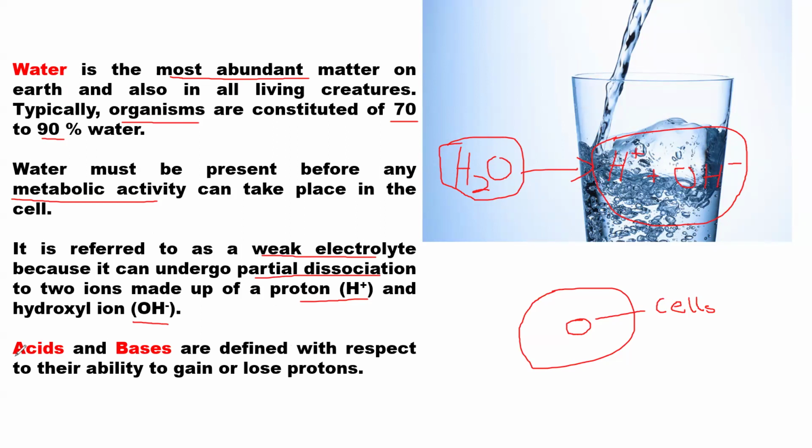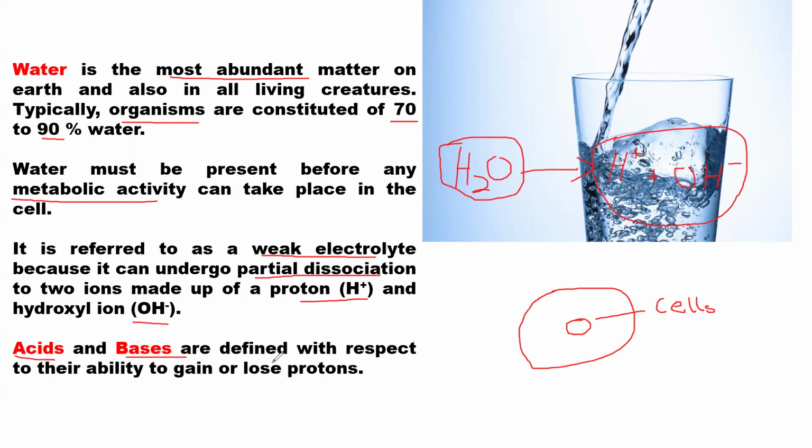And then the next thing we are going to talk about is acids and bases. What is an acid? An acid is a substance that dissociates to produce a proton.